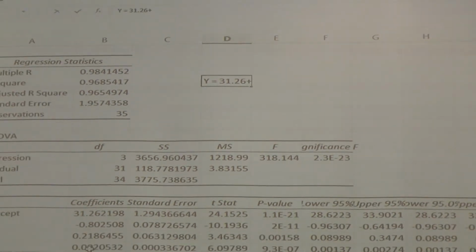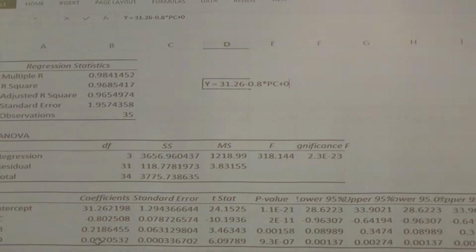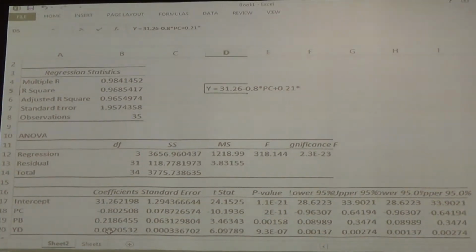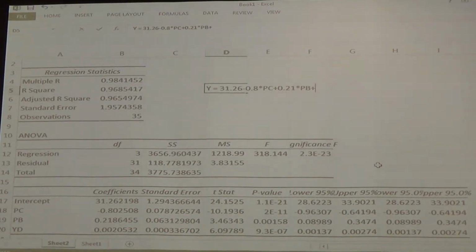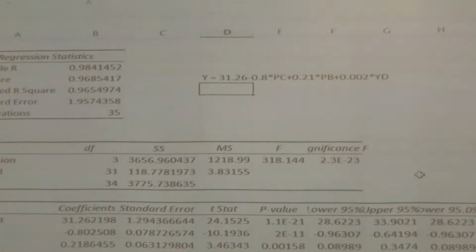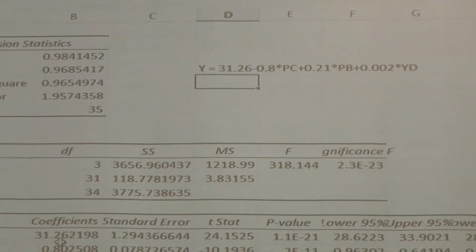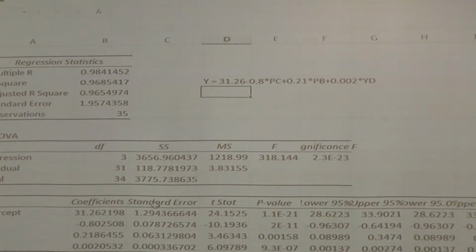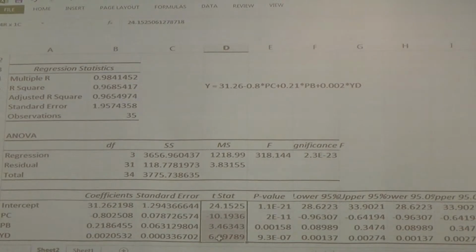Minus 0.8 multiplied by price of chicken, plus 0.21 multiplied by price of beef, plus 0.002 multiplied by YP. So that's the equation we estimate. If you want to convert from the table format into the equation format, that's what it means. Okay, and the t-stats here, they are all significant. Okay, so that's the result.